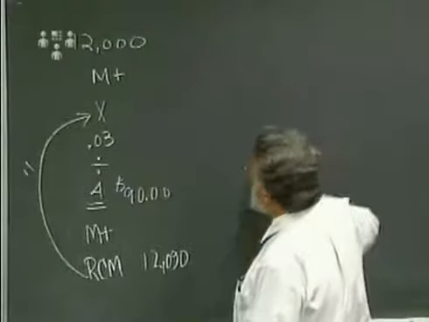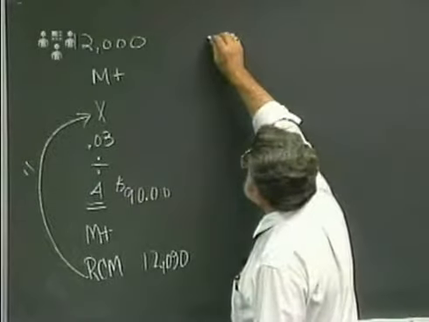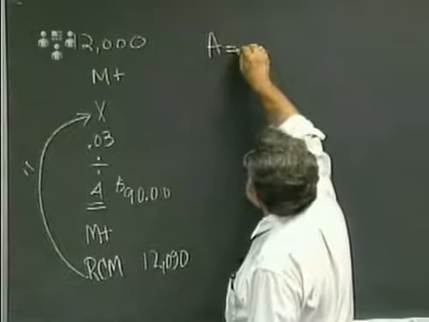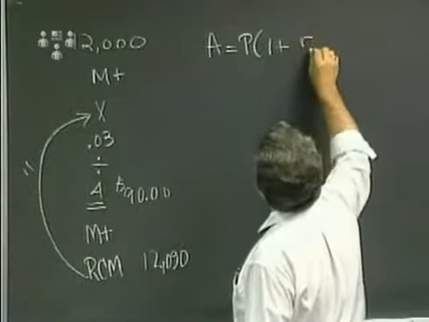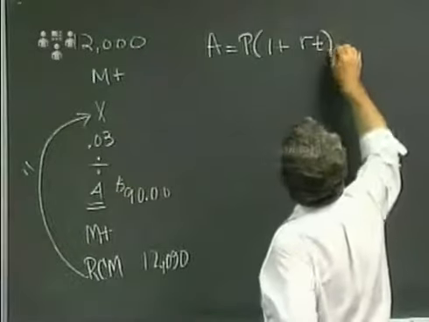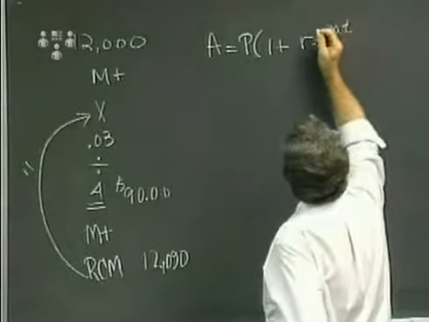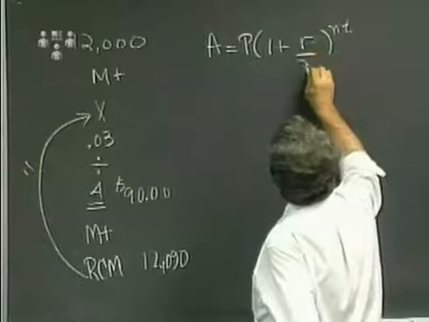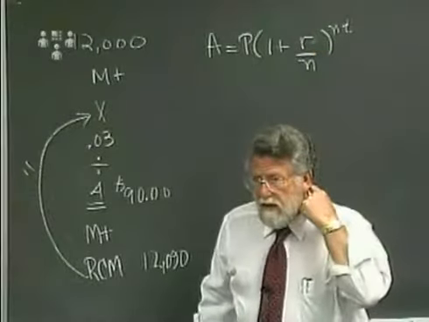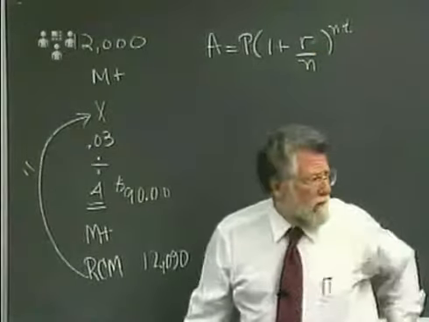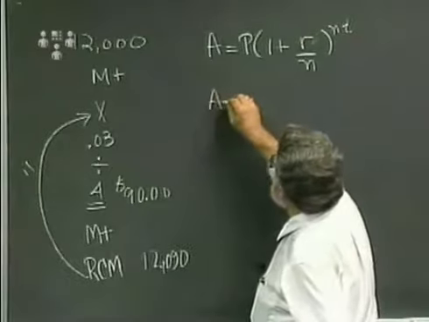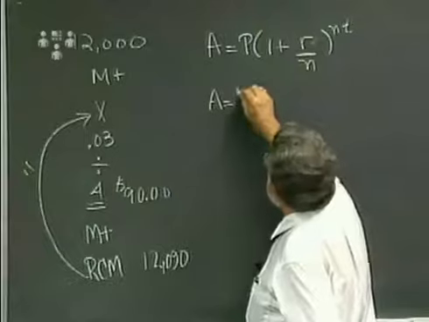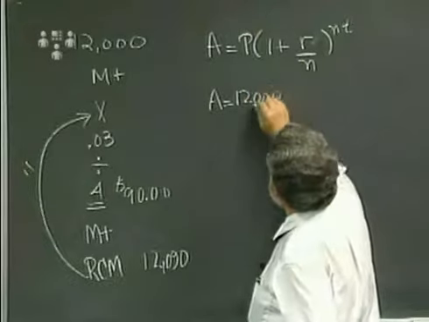While you're doing that, I'm going to set it up in a different way. So I'm going to write something up here for myself. So what I've done is write the formula that we had on the front board. Okay, and I'm going to make some substitutions here, and I have 12,000 out in front.